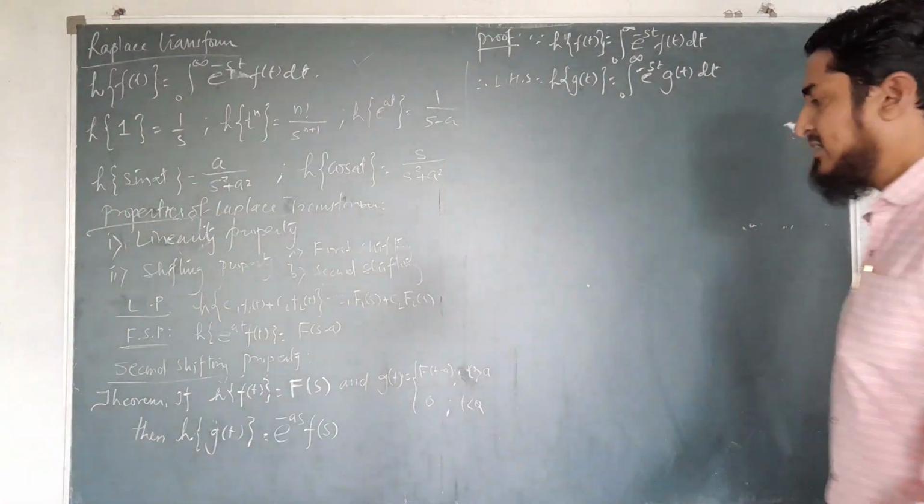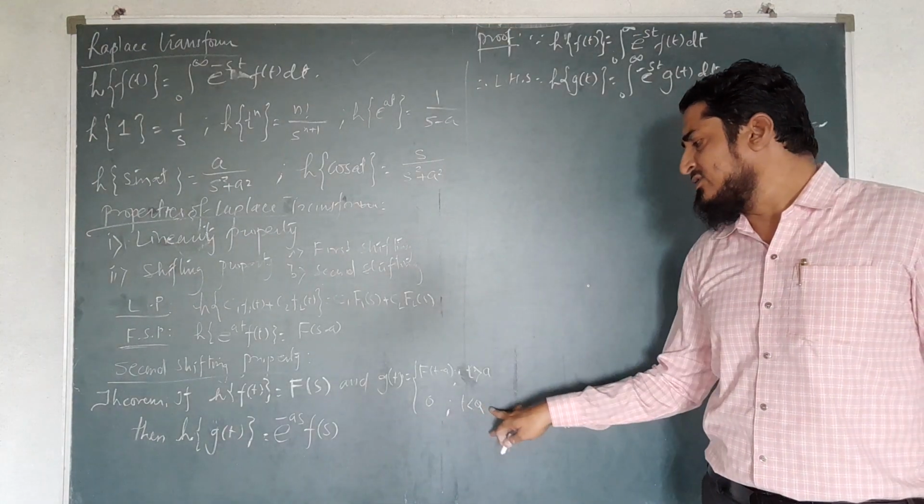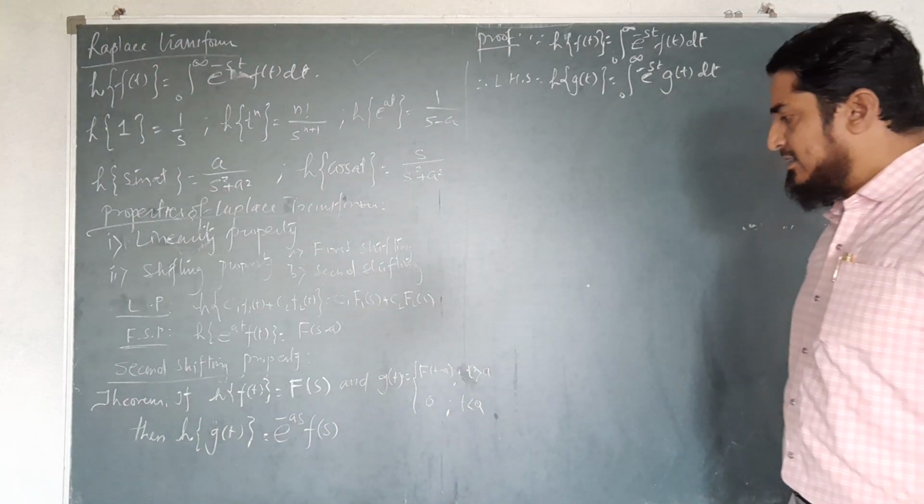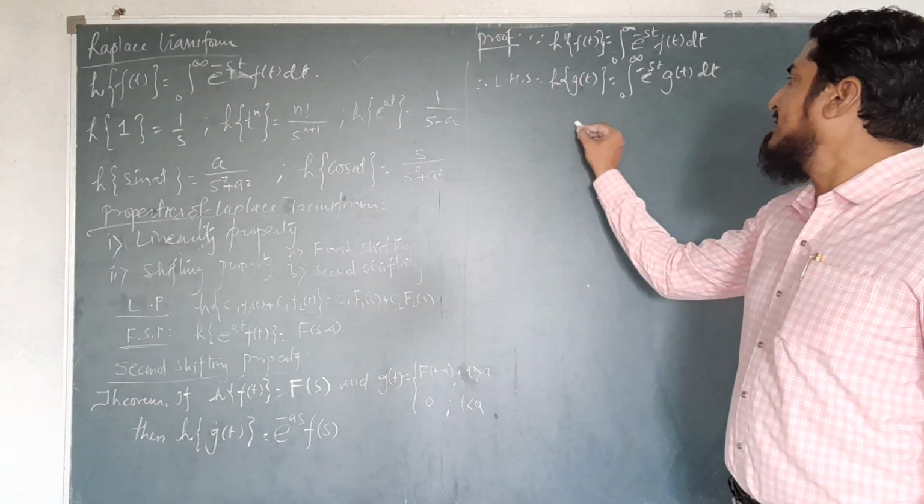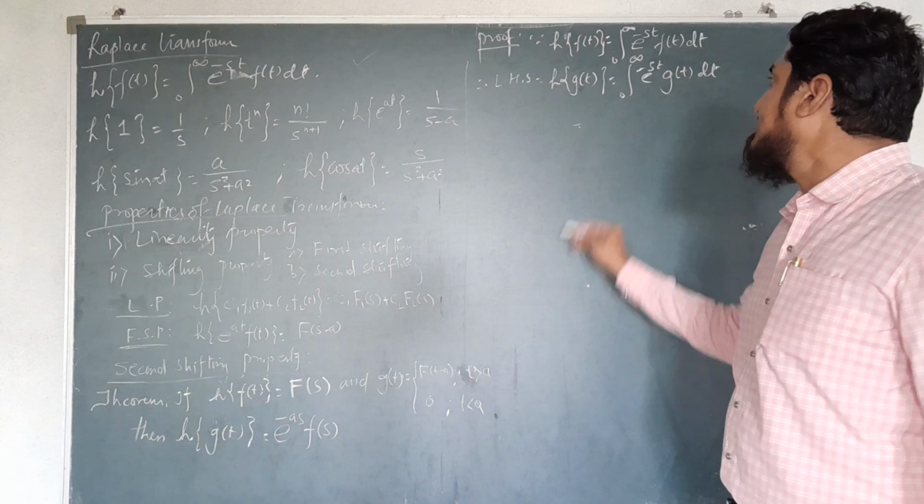Correct. But g(t) has two different values for different intervals. So we can divide this integral into two parts.